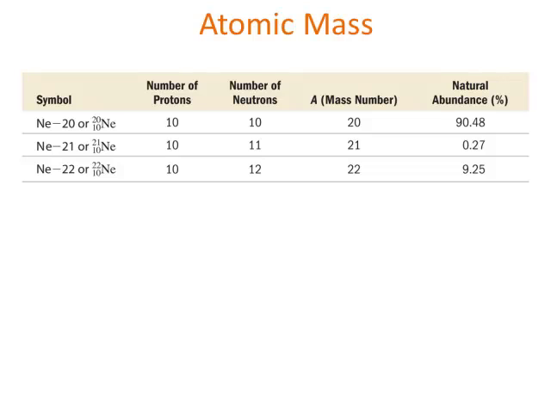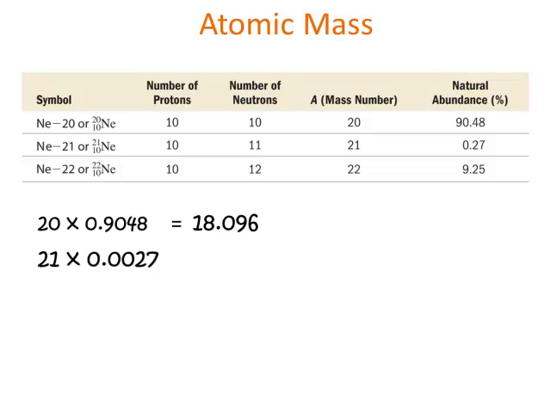We multiply the mass of each isotope by its abundance as a decimal. The first isotope listed has a mass of 20 times its abundance as a decimal, 0.9048. For the next isotope, we multiply 21 times 0.0027.